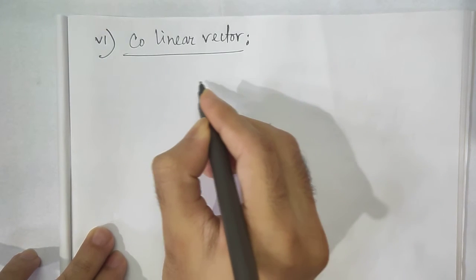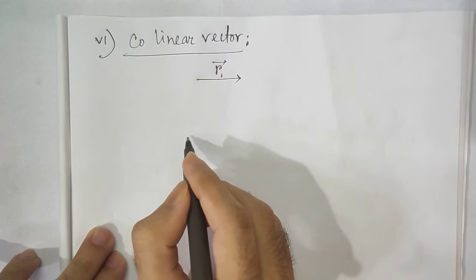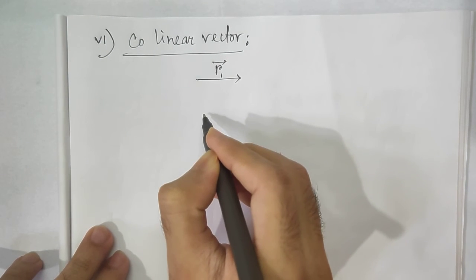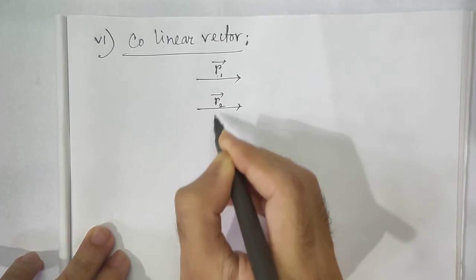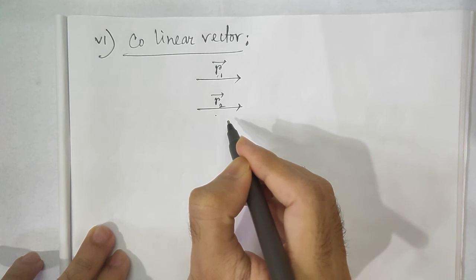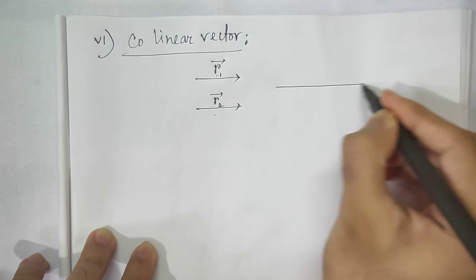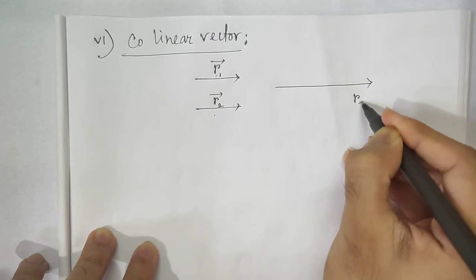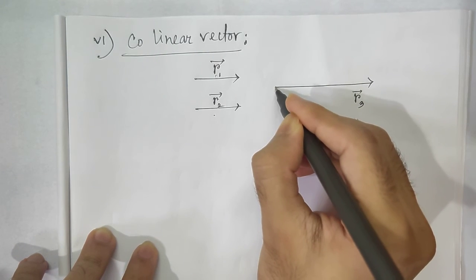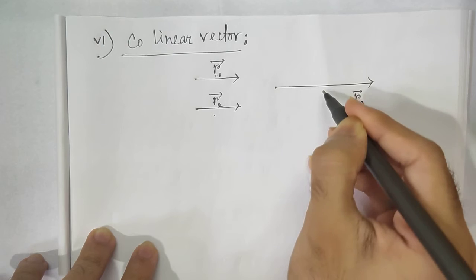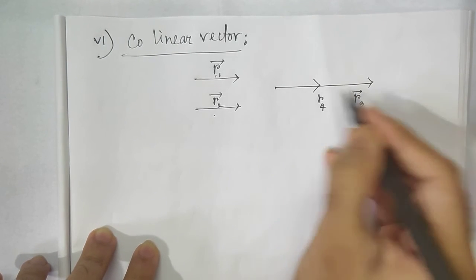Suppose there is a vector which is r1 and another vector which is parallel to this vector which is r2, if these two are parallel, or there is another one, that is this is the r3 vector and another vector which starts from the same point and in the same direction but has a different magnitude which is r4, let's suppose.